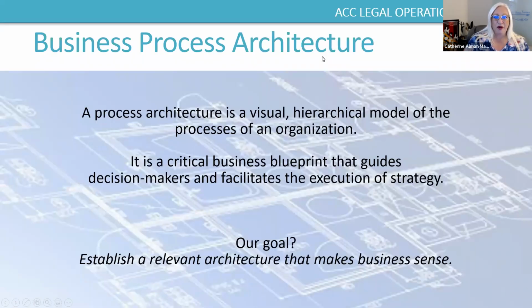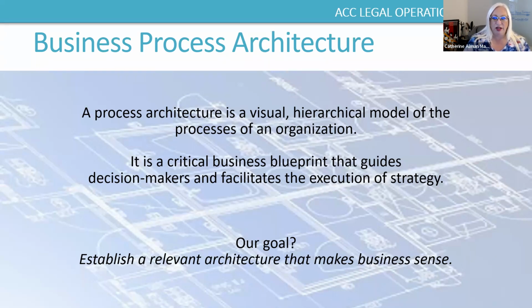So let's start right away with what is business process architecture. It's this idea that if we could design and build something that is visual and hierarchical, it allows us to see all the processes that an organization uses and how they interact with one another.